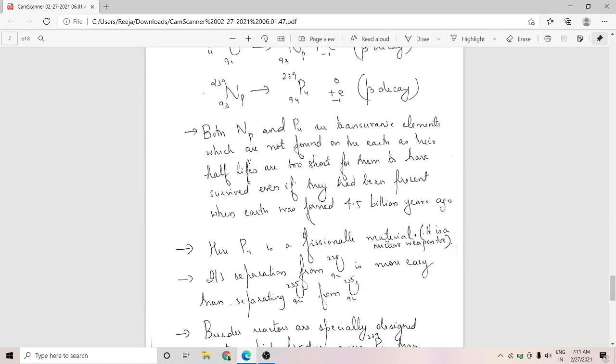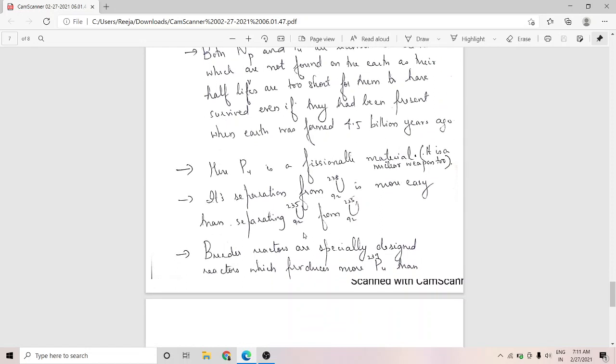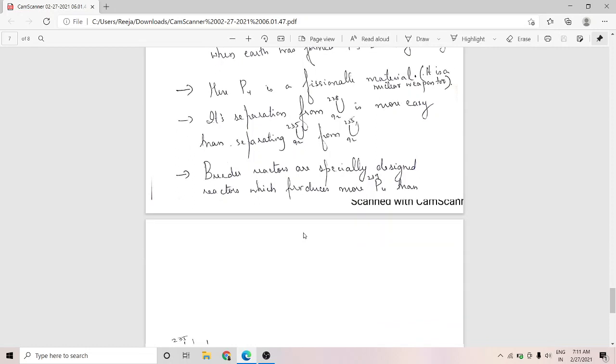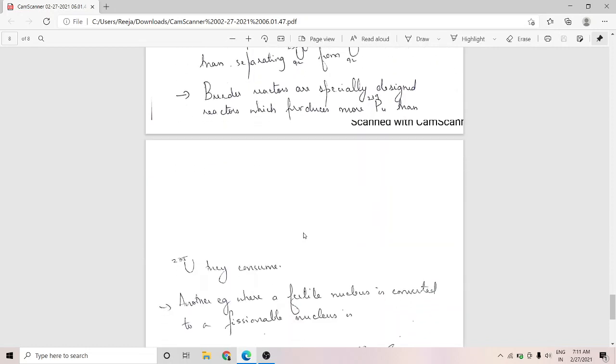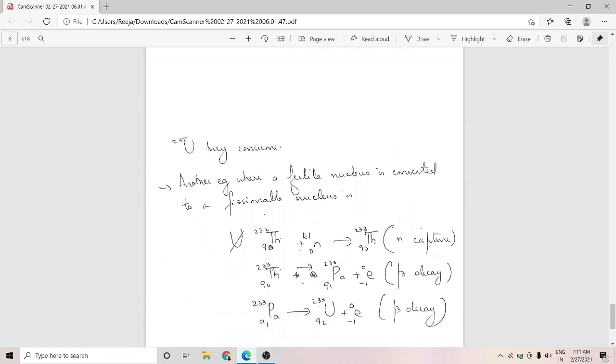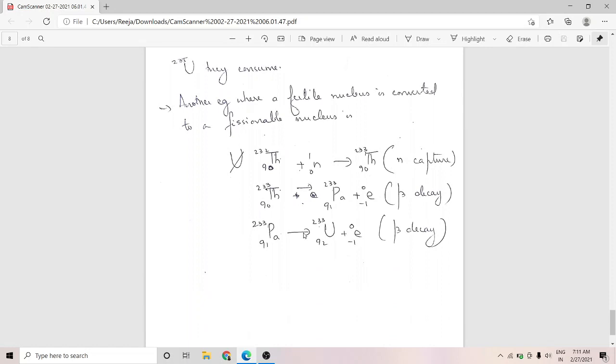Okay. So, breeder reactors are specially designed reactors which produce more fissionable material than they consume. So, it produces more of plutonium-94-239 than the uranium-238 that it consumes. Another example where a fertile nucleus is converted to a fissionable nucleus is thorium-90-232.